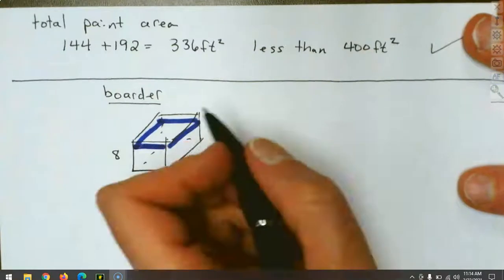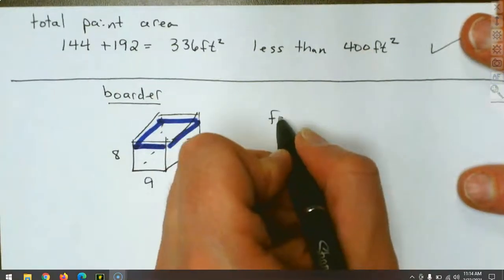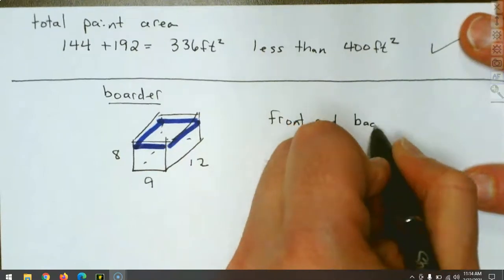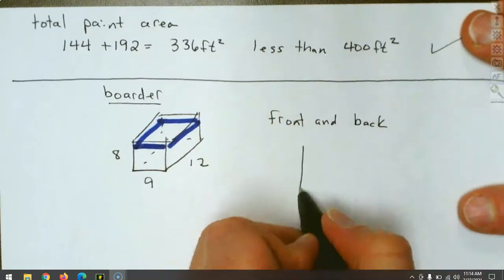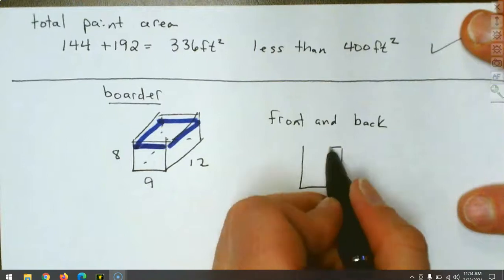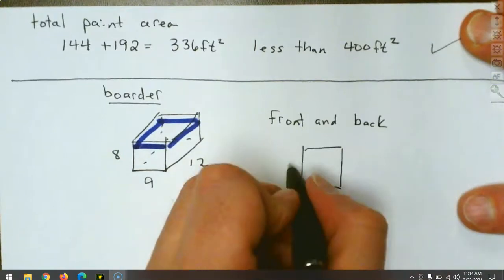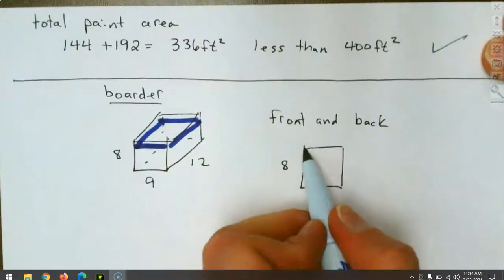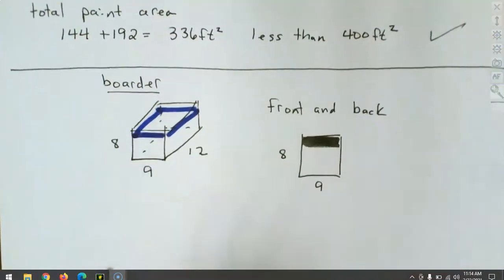So let's do the front and back. Okay, the front and back, this is a 9 foot wide room, 8 foot tall. We want to put the strip across here for the border.